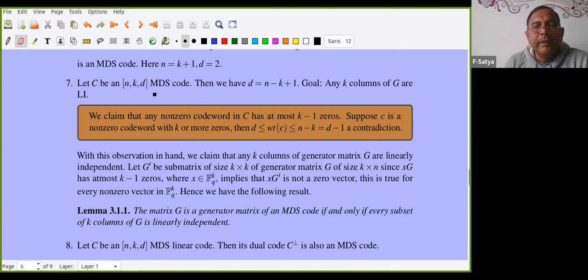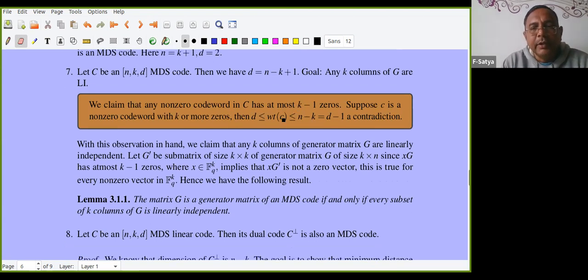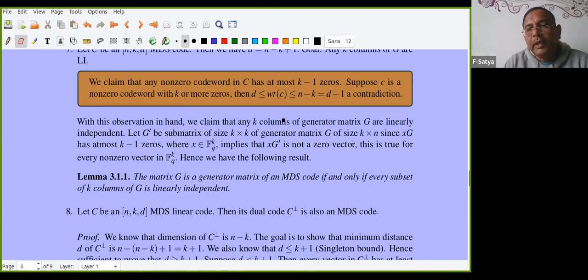What is it that I'm claiming? In an MDS code, the number of zeros is at most k minus 1. With this observation in hand, we claim that any k columns in the generator matrix G are linearly independent.